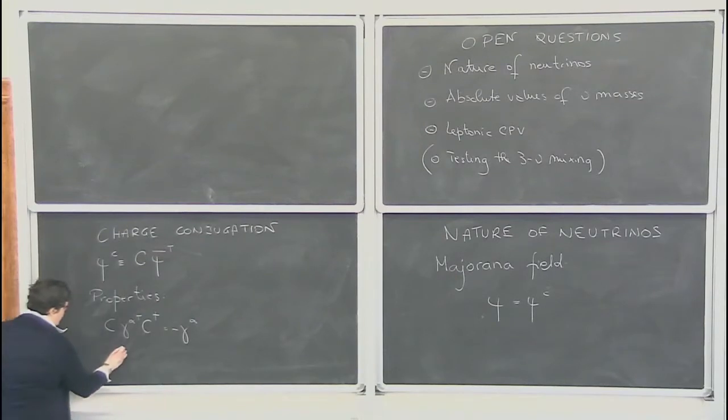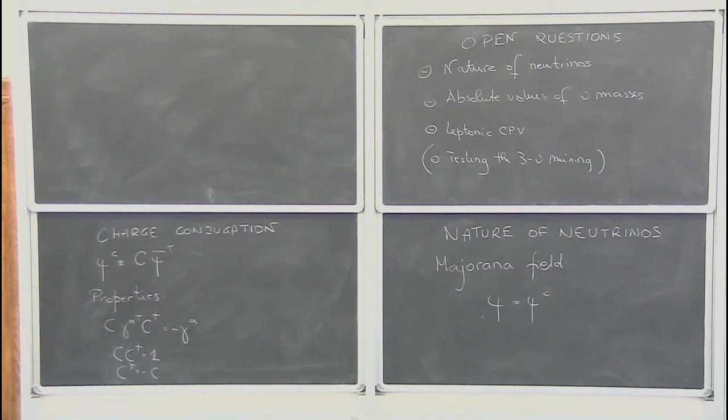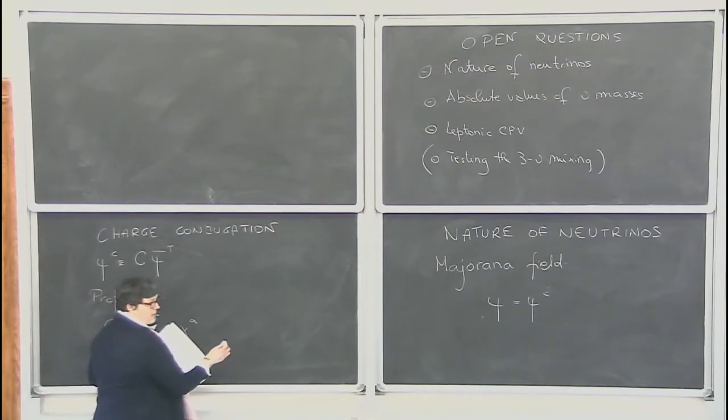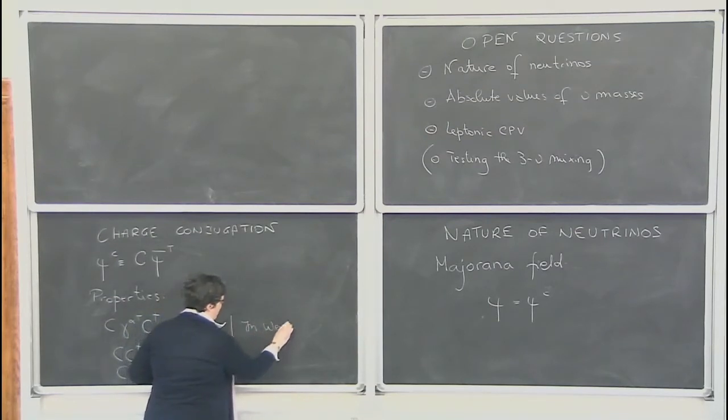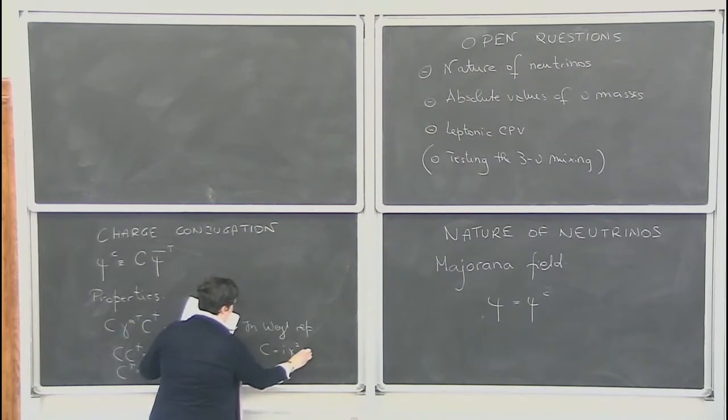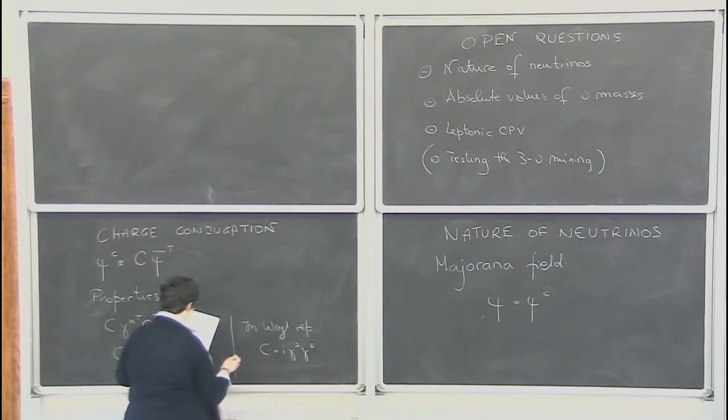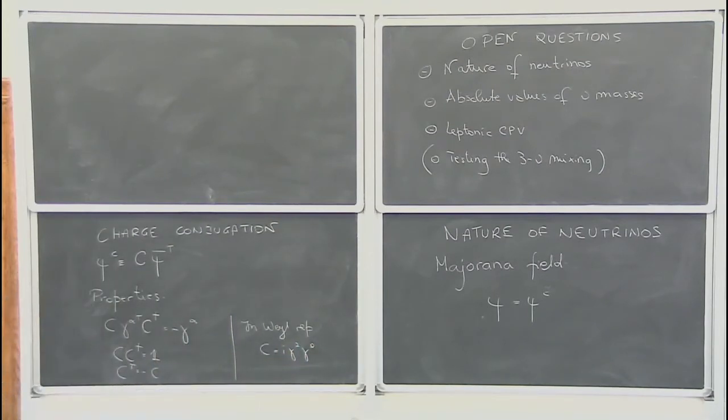And furthermore, C dagger C is the identity, and C transpose is minus C. And for instance, in the Weyl representation, C is i gamma 2 gamma 0. So, and this operation changes the quantum numbers to its opposite.